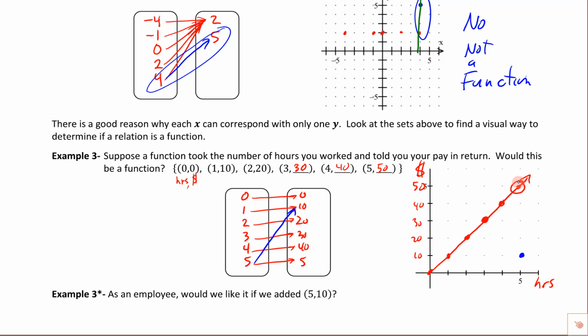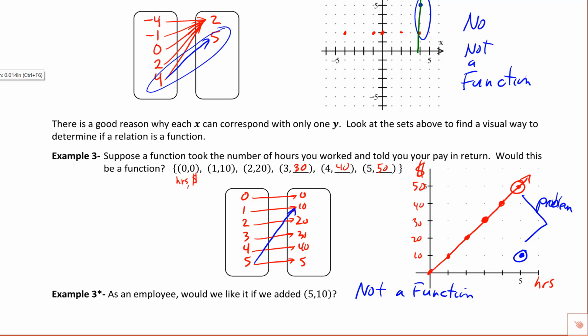We're not going to get the $10, okay? So this is a problem, okay? And again, you'll notice that they're stacked right on top of each other, and we don't like that. We like to know that when we put in an X, we get exactly the same Y out every single time. It's that consistency that we're after here. So this one is not a function if we added that one.